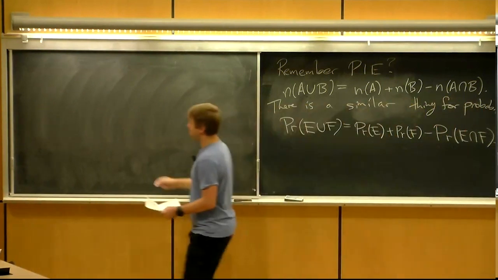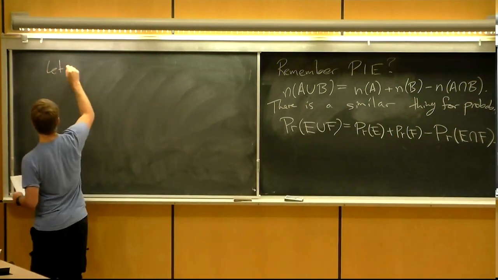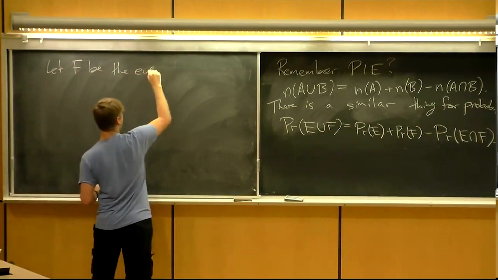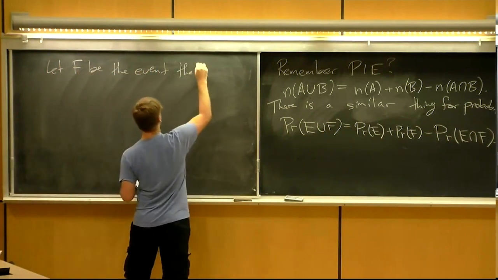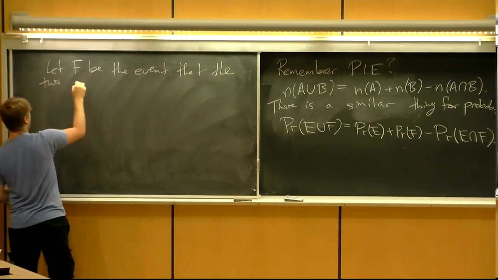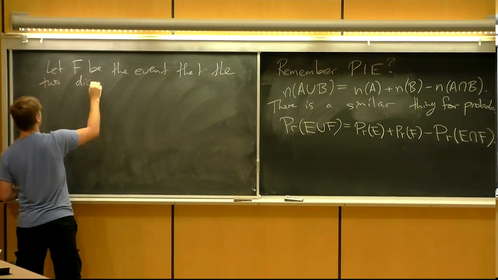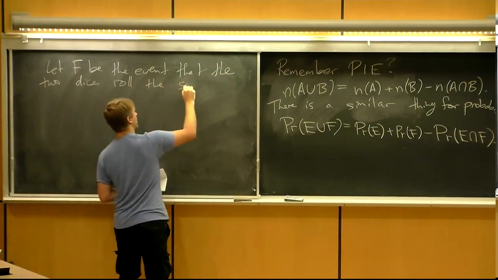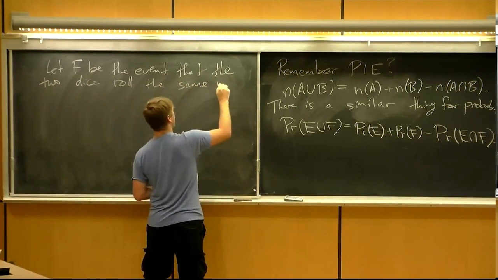And let F be the event that the two dice roll the same number.